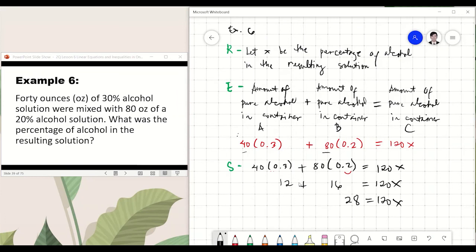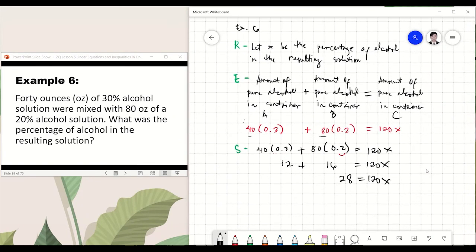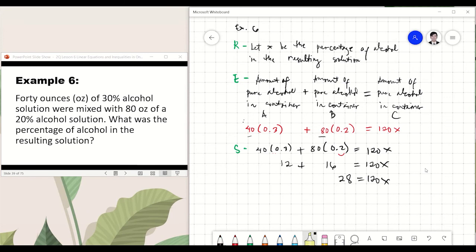Afterwards, we need to isolate the x. Dapat siya na lang yung mag-isa. For now, it's on the right side. So, it would be best if we isolate the x on the right side. But it has a coefficient na 120. Coefficient ito ng x. Walang plus or minus, so they belong in one term.